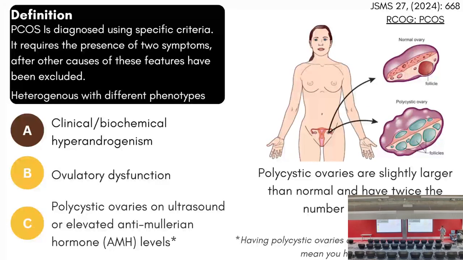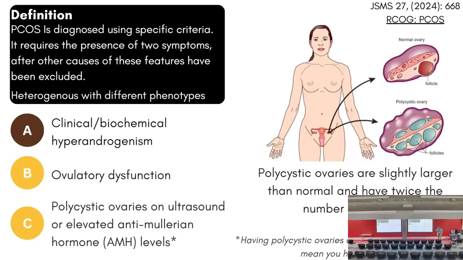Okay. So you've had a little think about how it affects the reproductive organs. So first and foremost, what is PCOS? You can see from this nice diagram here, on the right-hand side of the page, what we have is a normal ovary, okay?